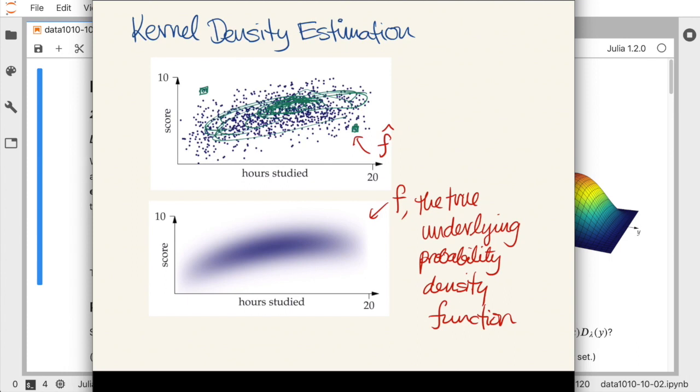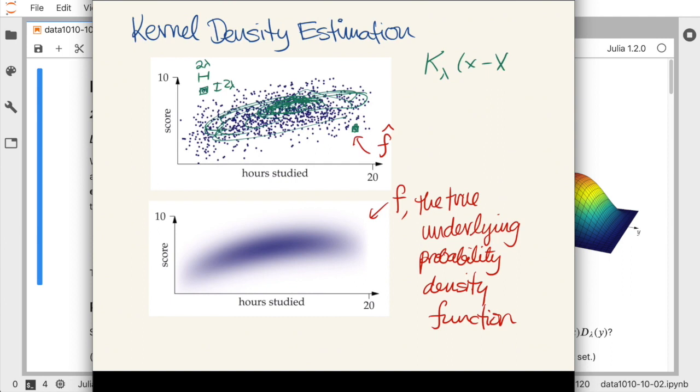So mathematically, the way this looks is that we start with some function called k lambda, and lambda is dictating how wide the pile is here. So each pile is going to be 2 lambda wide and 2 lambda tall. And what we do is we just make a pile centered at each observation.